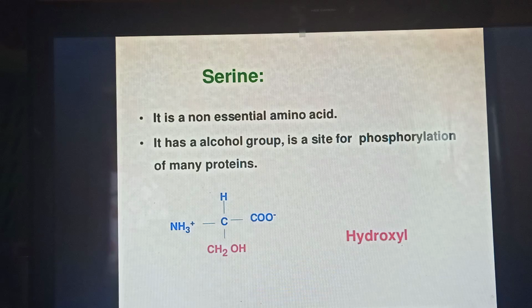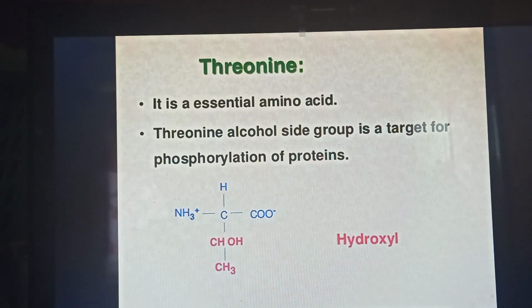When you take serine, we know the glycine structure, where the H of the glycine is replaced by CH2OH. Or in alanine, CH3, the H is replaced by OH, and you get serine. Now threonine.